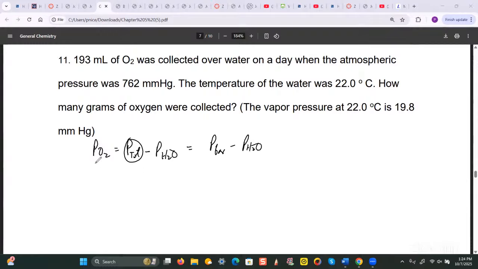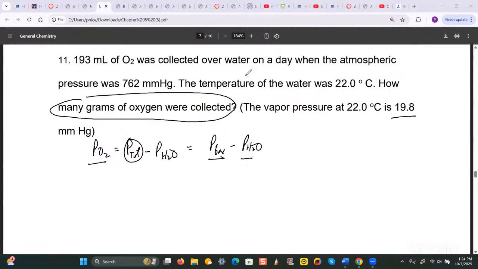Okay, so in order to calculate the pressure of the oxygen in this particular situation, we need the barometric pressure and we need the vapor pressure of water. Actually, what the question is asking for is the grams of oxygen, right? But before we get to that stage, we need to calculate the pressure of the oxygen. Now, the barometric pressure is given as 762 millimeters mercury, while the vapor pressure of water is 19.8 millimeters mercury, all right?